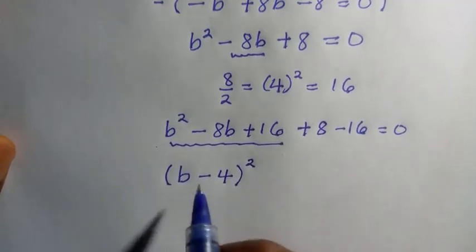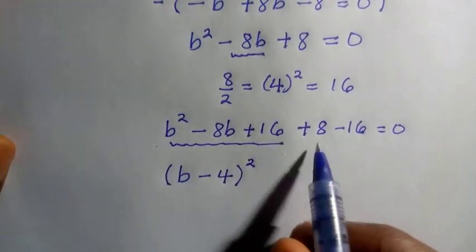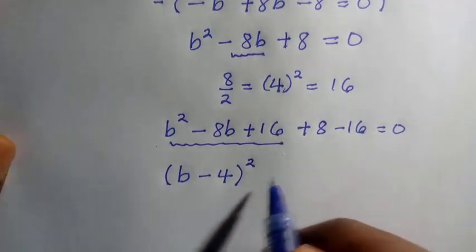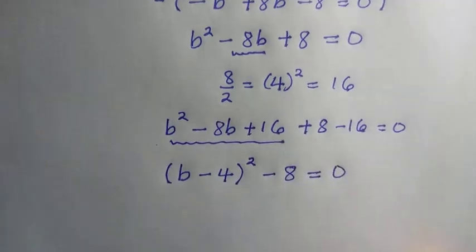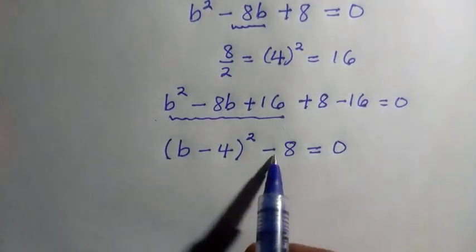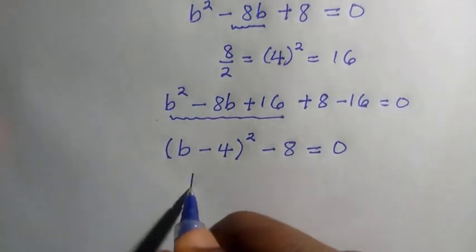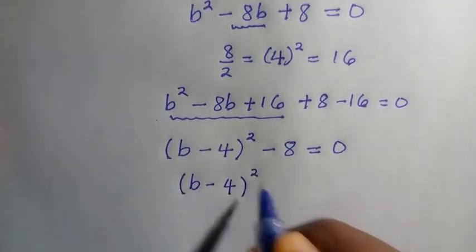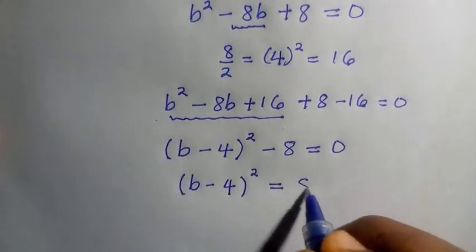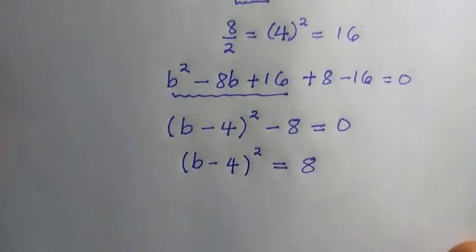Then 8 minus 16 gives us minus 8, everything equals 0. So we take 8 to the other side, as we have b minus 4 raised to power of 2 equals plus 8.